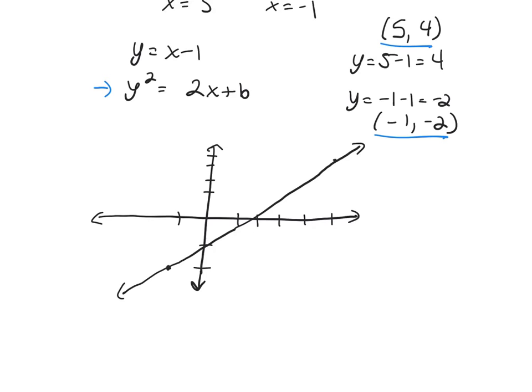So if I plug in 0 for y, I'm going to get 2x plus 6, and x is going to be -3. So I got this point -3, 0.